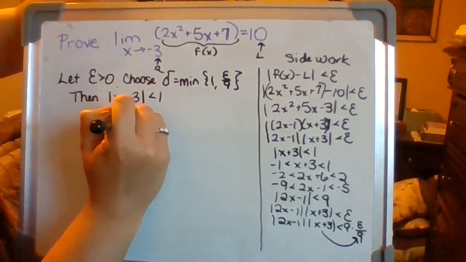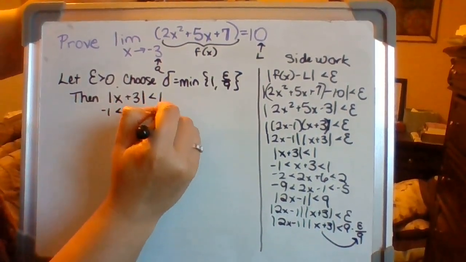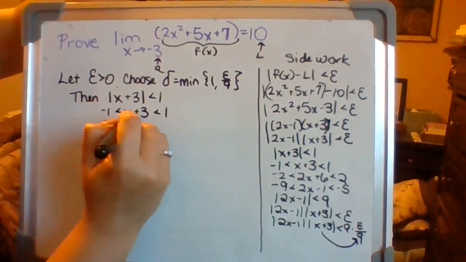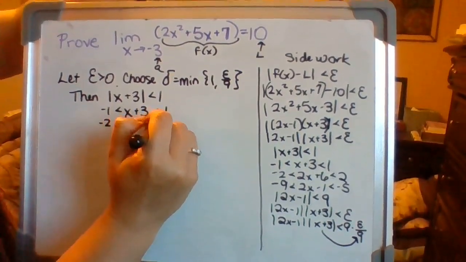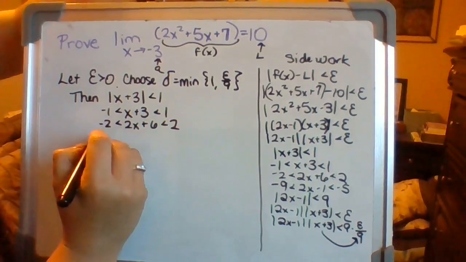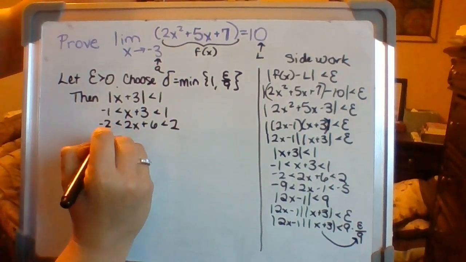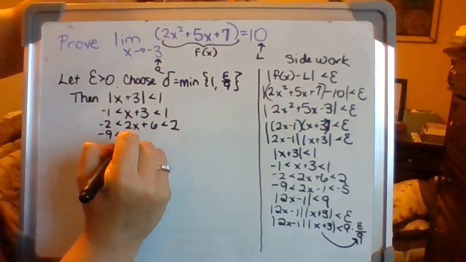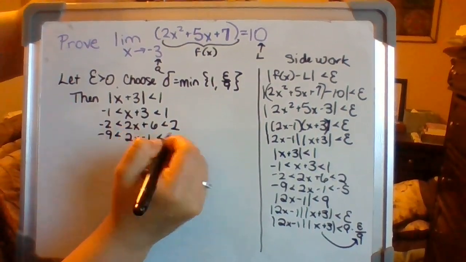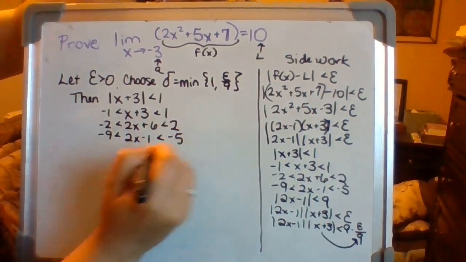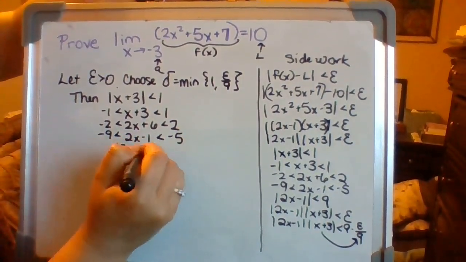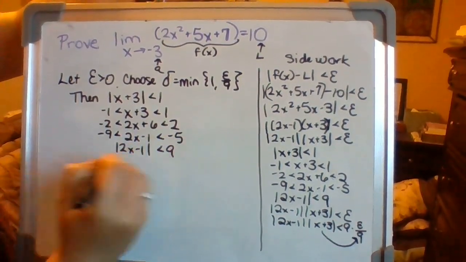Do the math. This looks pretty familiar. We're going to end up multiplying everything by 2 and subtracting 7, where this looks like one of our factors. Okay, 2x minus 1 is less than 9.